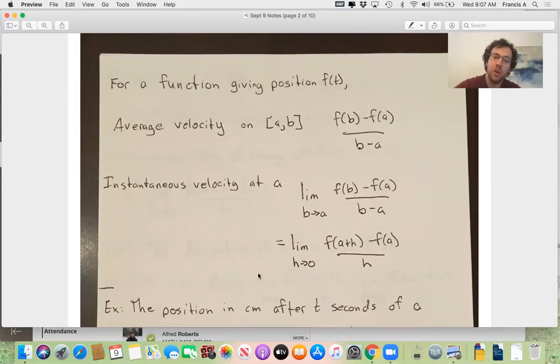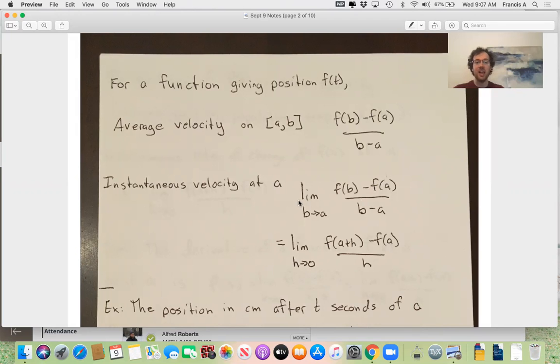And we saw that this worked because when we try to approximate instantaneous velocity, we said, well, if we look over shorter and shorter intervals, there's less time for this object that's moving around to do much else beyond what it's doing at this moment a. If you have a long interval, it can maybe speed up and slow down, messing with its velocity, but over a short interval, it really doesn't have a lot of time to change what it's doing besides what is happening at a.